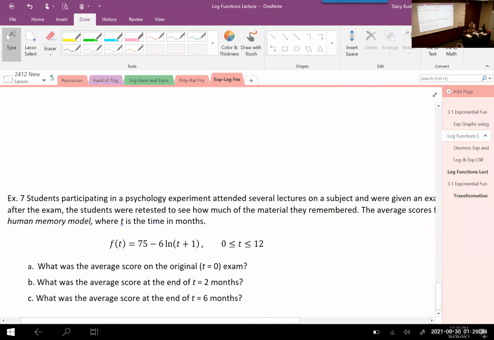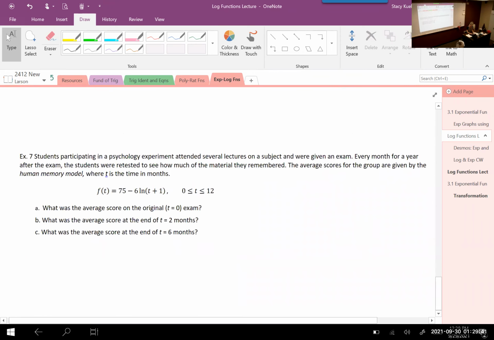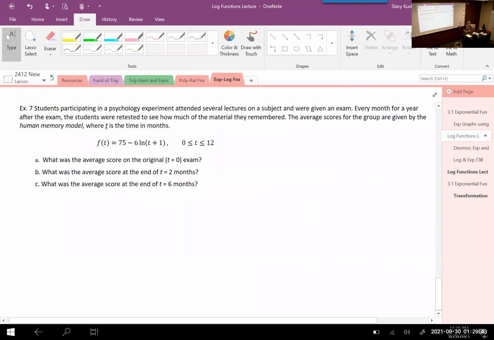Let's look at this application here. Oh, this is a funny one. Students participating in a psychology experiment attended several lectures on a subject and were given an exam.